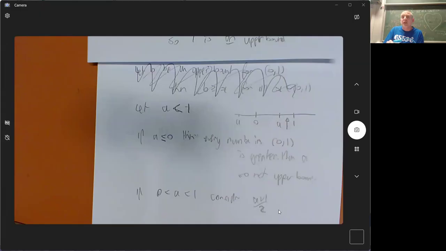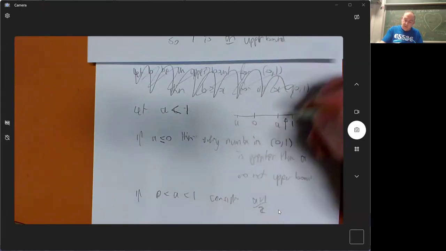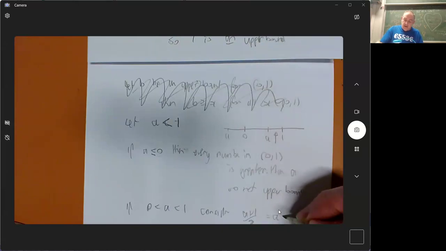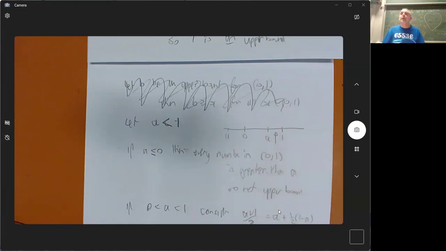It's easier for me to think about it this way. a plus 1 over 2, which is this number here, is the same as a plus half of 1 minus a, which is more than a, right?